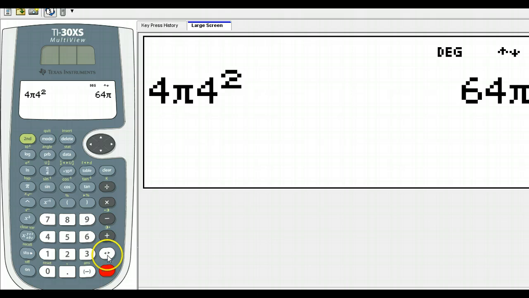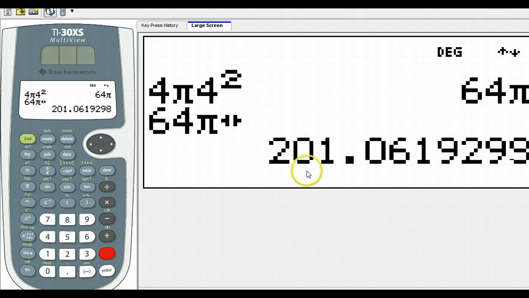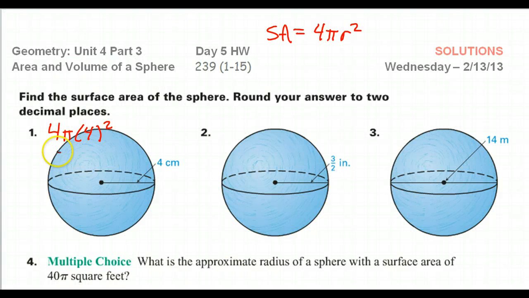That would be the exact answer. And this would be the decimal answer, 201.06. Okay, and this is area, so the units will be squared.